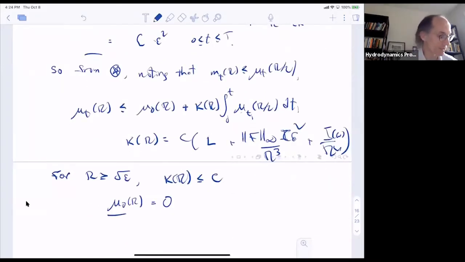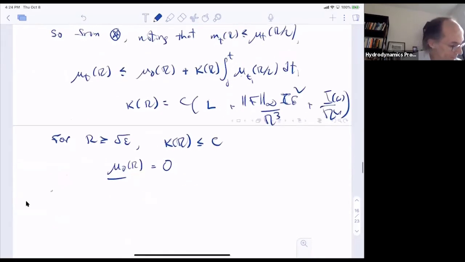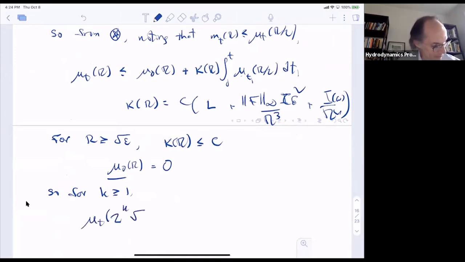And so then, for example, for a positive integer k, mu_t of 2 to the k times the square root of epsilon, that's bigger than the square root of epsilon, is less than, okay, I'm going to write this down.